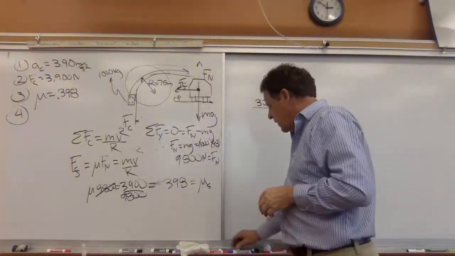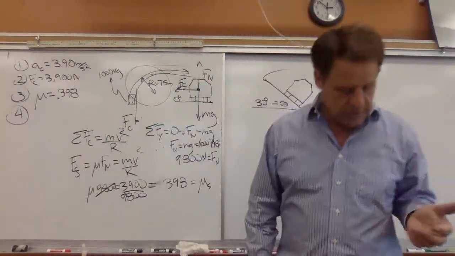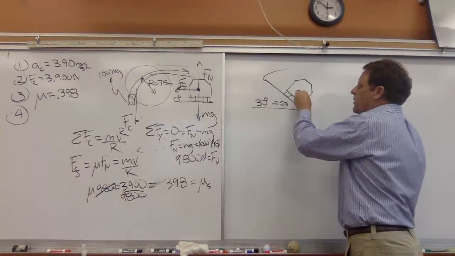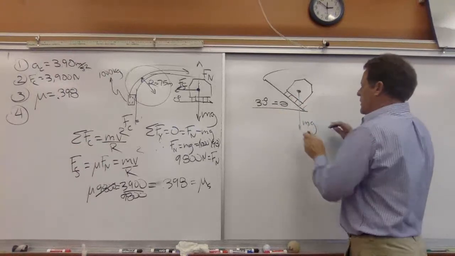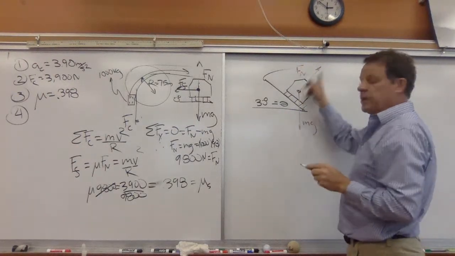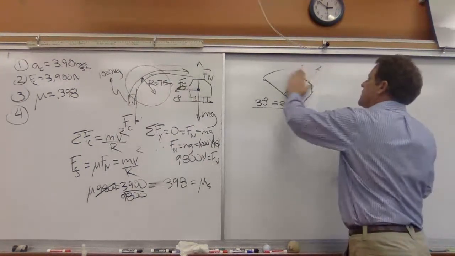Now we want to look at our free body diagram, but it's going to look a little bit different here. Again, we're going to have our mg going straight down, and then our normal force is going to be perpendicular up there.